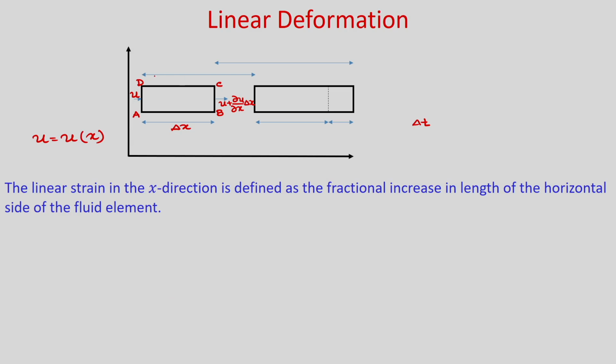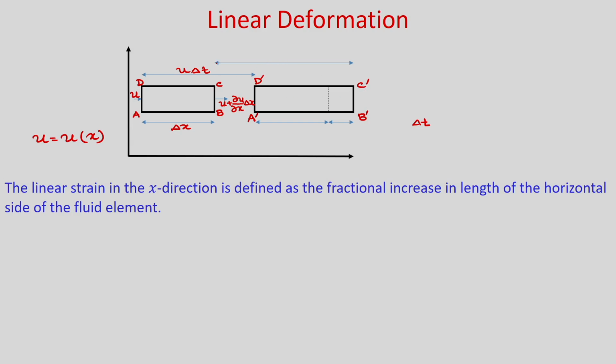So, as you have a velocity u, at delta t time it will travel u into delta t. And this is the location at delta t time b prime, c prime and d prime. Similarly, you have the velocity u plus del u by del x delta x. So, at time delta t it will move to this place b prime c prime.